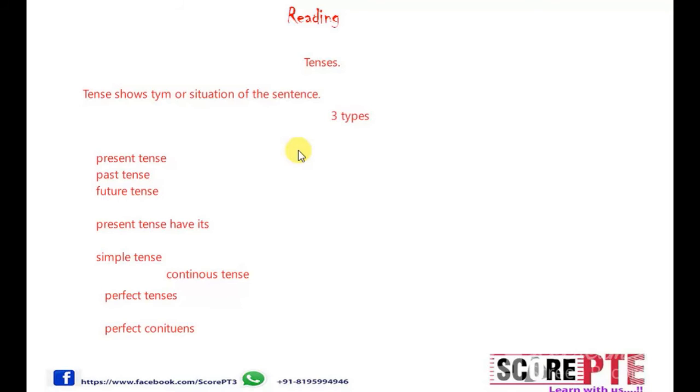It is general information about tenses, but in our next slide we will give you a thorough review, and after that in our next session we will explain tenses in depth.